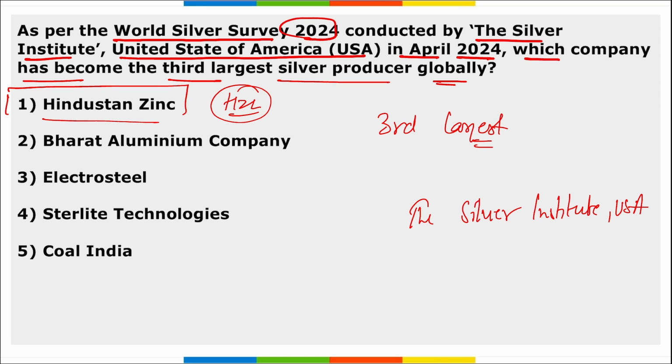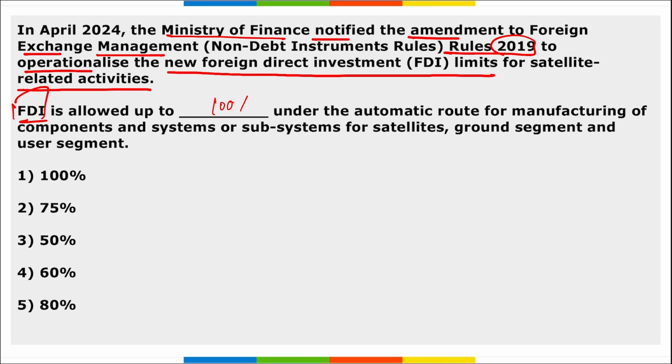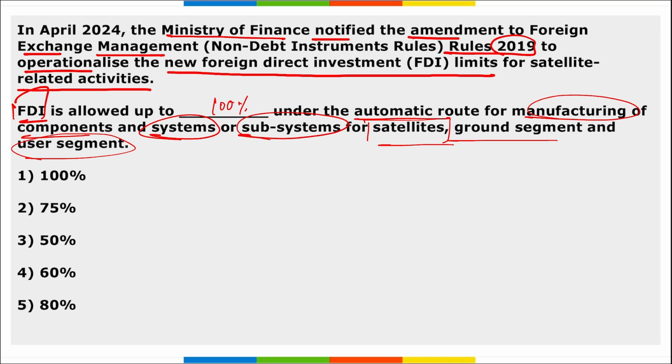Next, the Ministry of Finance notified the amendment to the Foreign Exchange Management Rules of 2019 to operationalize the new foreign direct investment limits for satellite related activities. Here, FDI is allowed up to 100% under the automatic route for manufacturing of components and systems or subsystems for satellites, ground segment and user segment.